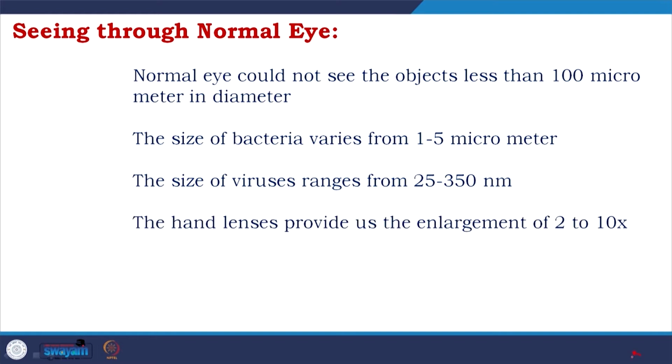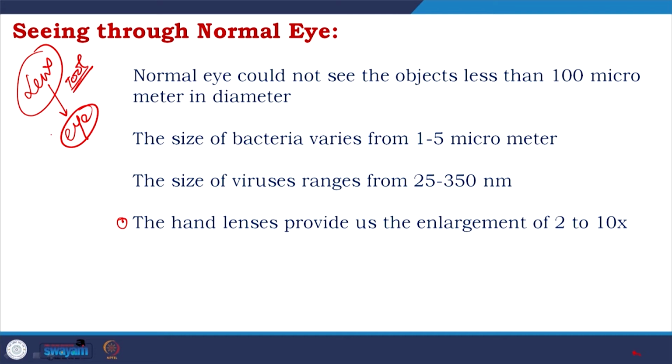The hand lenses provide us the enlargement of 2 to 10x. What I mean by this? I mean by this, you make a lens and the lens is a tool which would enlarge the power of eye.